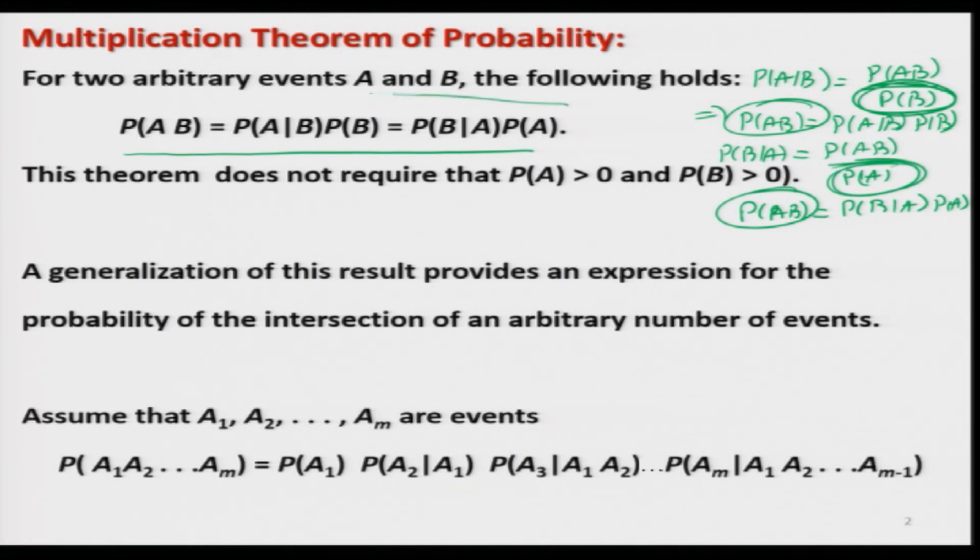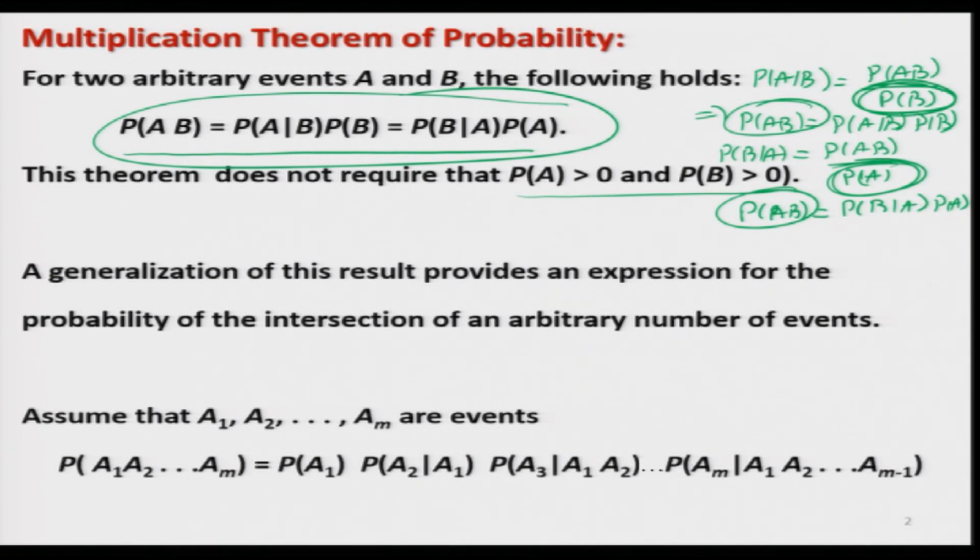But when you are defining this statement, you don't need the condition that probability of A is greater than 0 and probability of B is greater than 0. But obviously, in practice you will always be dealing with cases where the probabilities are greater than 0.